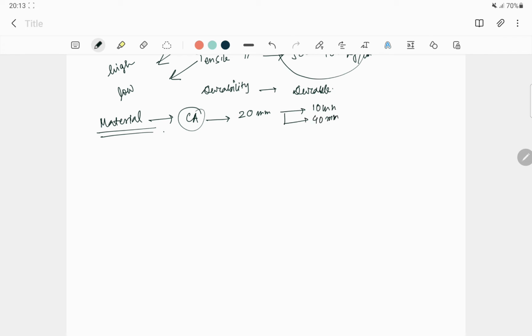There are some limitations, that is why. Then we use fine aggregate. They also provide strength, and their presence is to fill the voids.